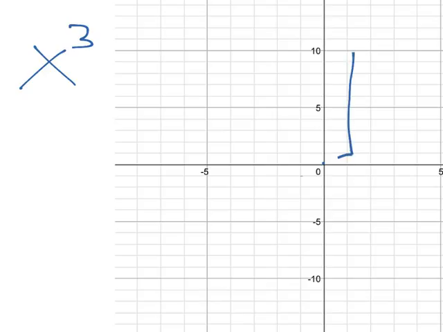And we start drawing the S shape. It's going to be like this.